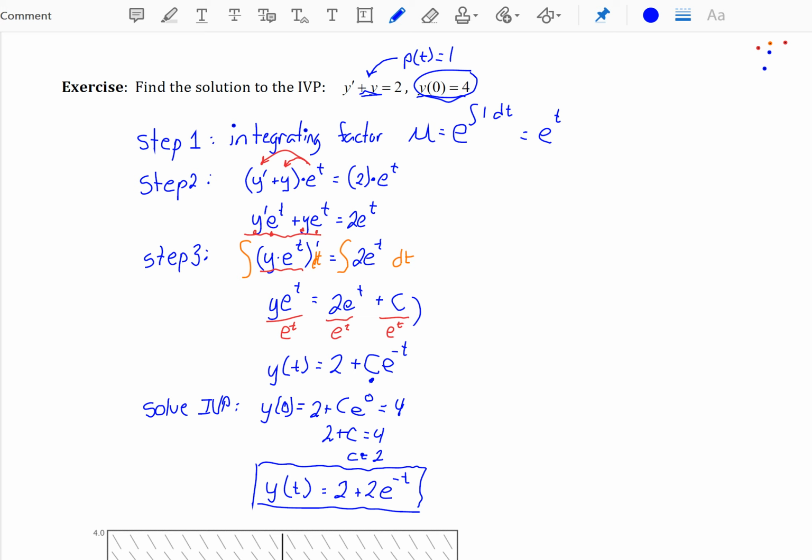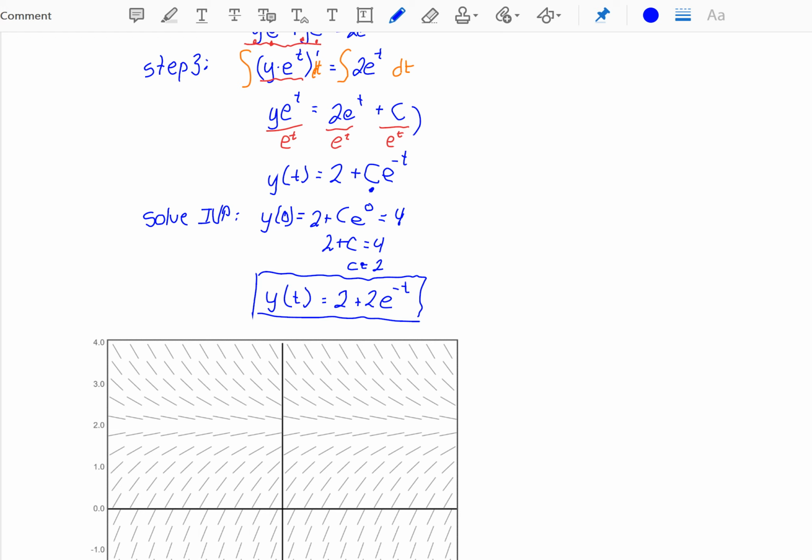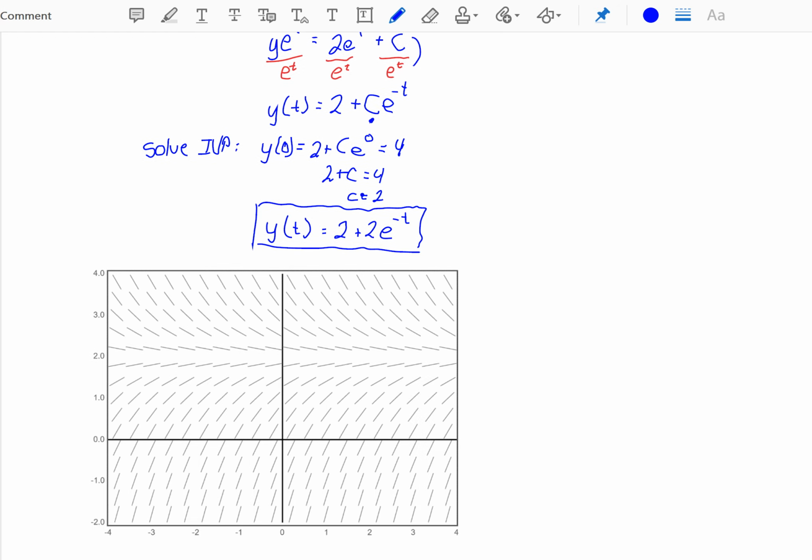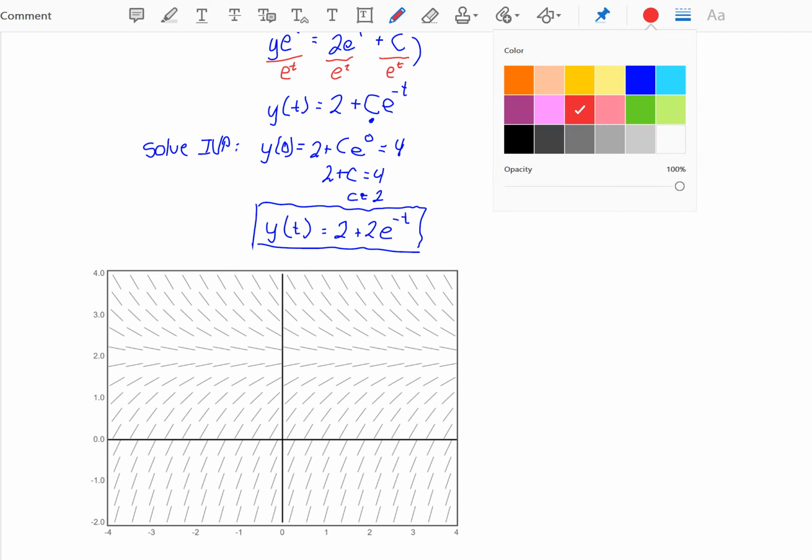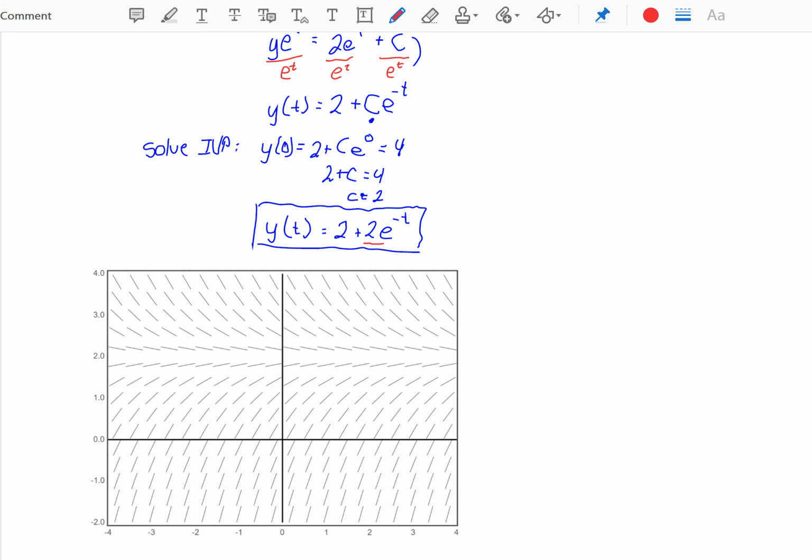Now remember, graphically, we should be able to see this in our direction field. Remember from algebra class that 2e to the negative t is a decreasing exponential function. And this plus 2 is a vertical shift upwards of 2 units. So what we should see, starting at the point (0, 4), is a decreasing exponential function.